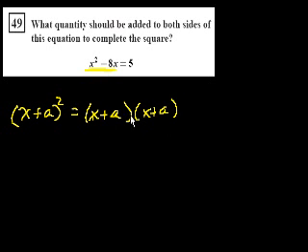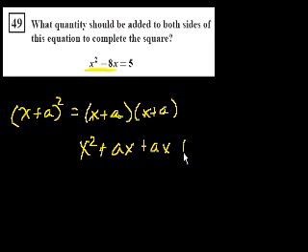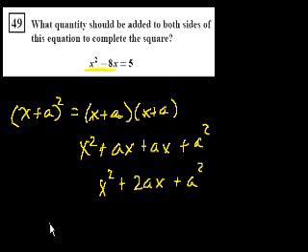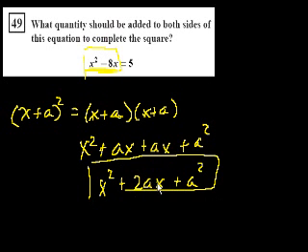And that's equal to x times x, x squared, x times that a, so that's plus ax. And now this a times this x, so that's another ax, plus this a times that a, so plus a squared. And that's equal to x squared plus, we have two of these now, plus 2ax plus a squared. So essentially, we want the left-hand side to have this form, so that we say, oh, this is a perfect square. We can say that's the same thing as x plus a squared.